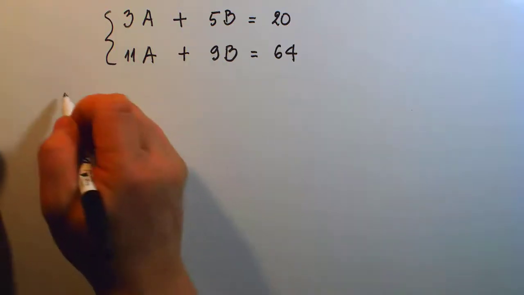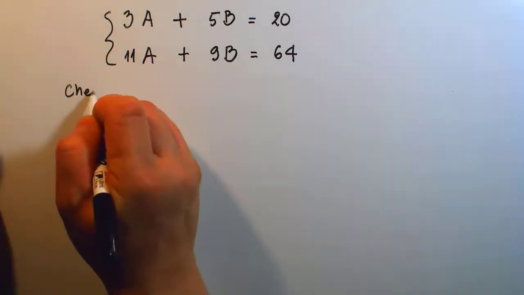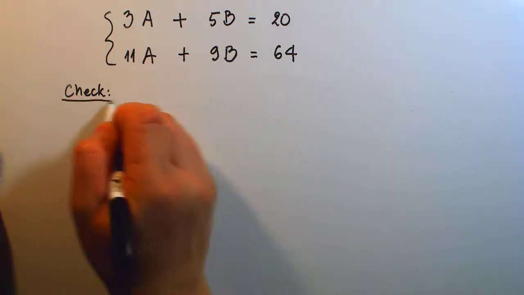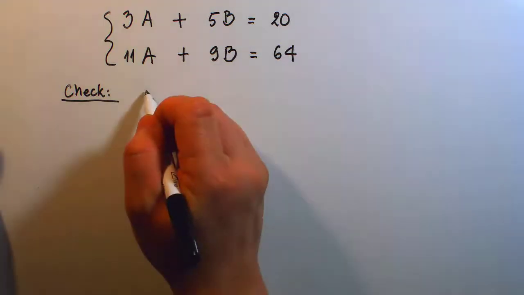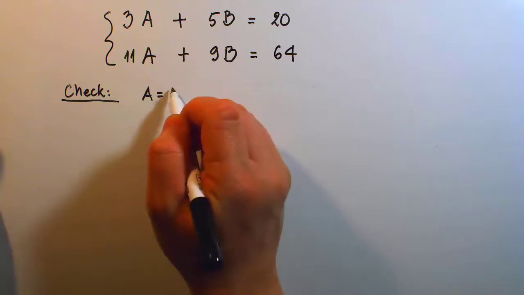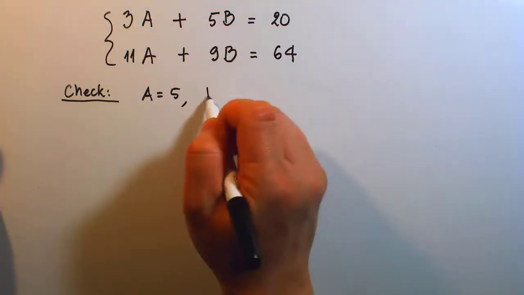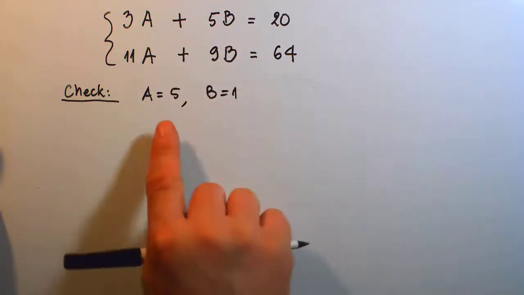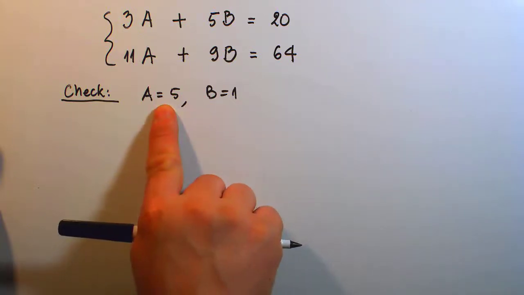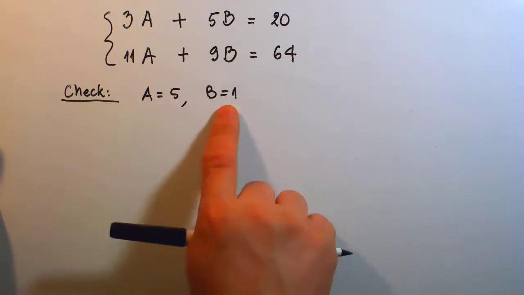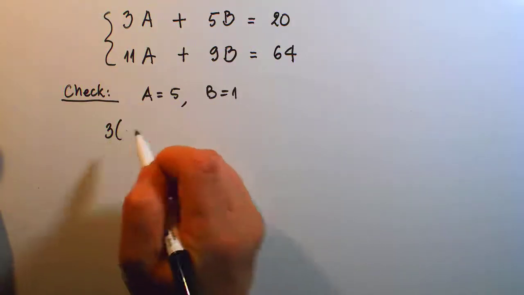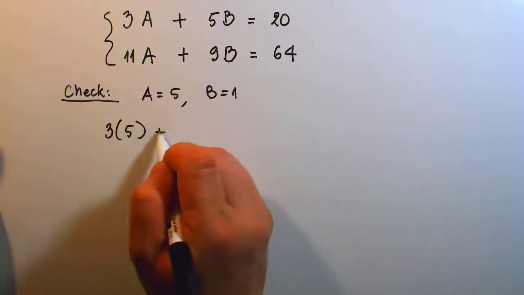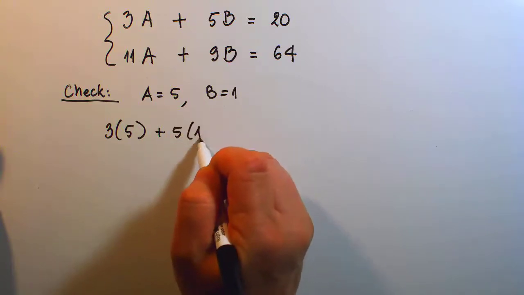Let's check our solution. We found that a equals 5 and b equals 1. Now I'm going to substitute a equals 5 and b equals 1 into our first equation to produce 3 times 5 plus 5 times 1.